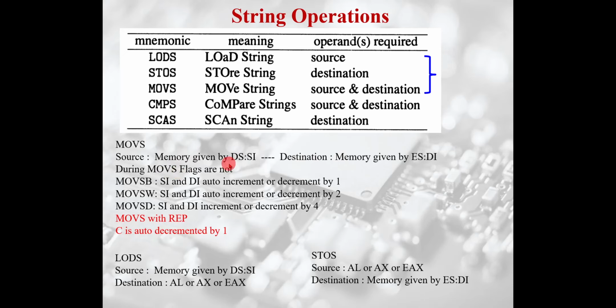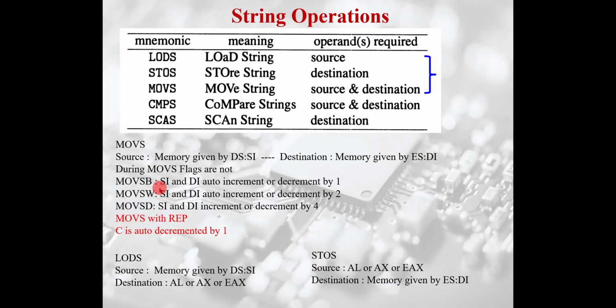The source memory cell address, from where the data needs to be shifted, will be given by DS:SI. So the physical address of the memory would be computed by this, and the data fetched from this memory will be stored in a memory given by ES:DI. So the next physical address will be computed using this, right?